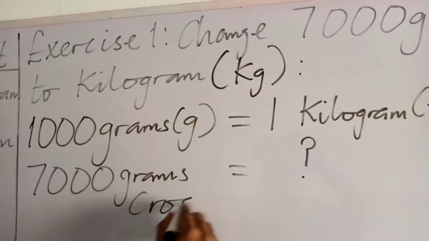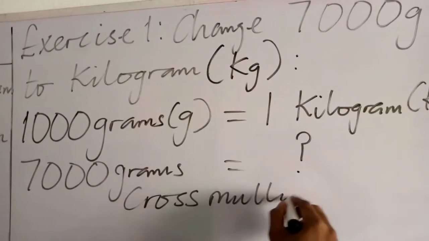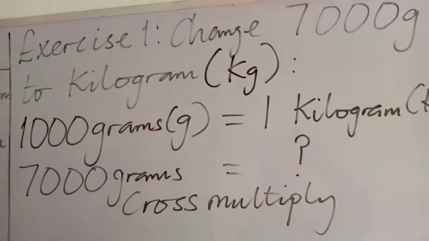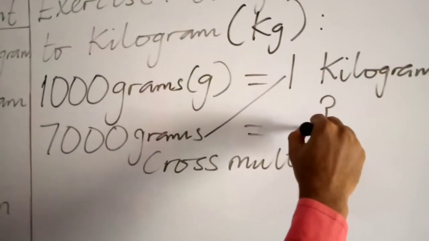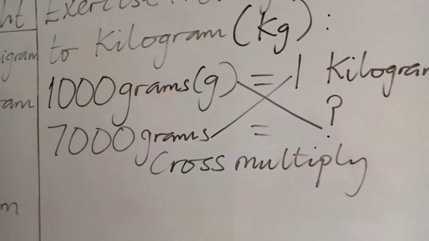Now with this, what comes to your mind is to cross multiply. We cross multiply by multiplying this to this and this to this. Do you understand?